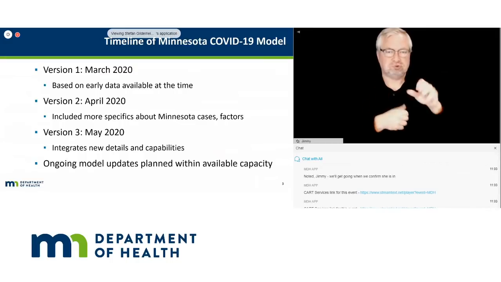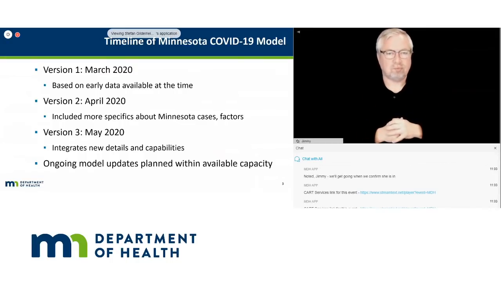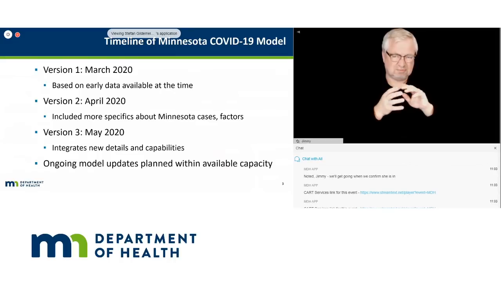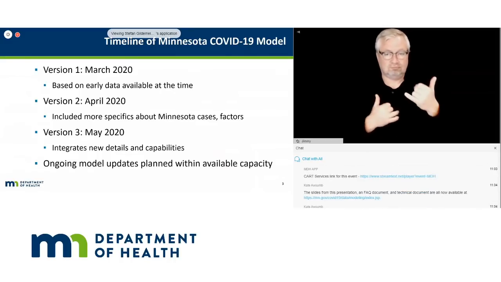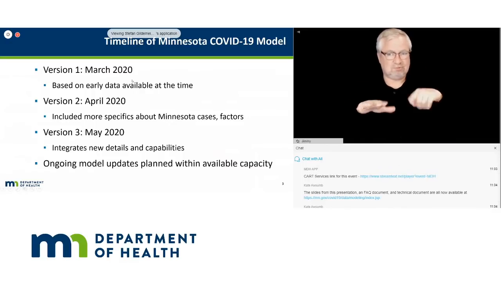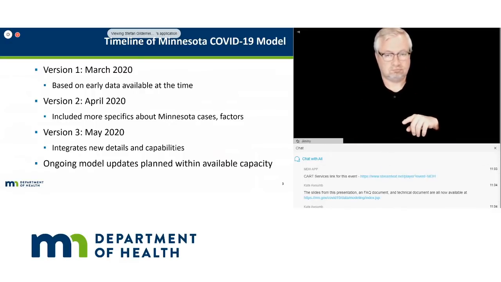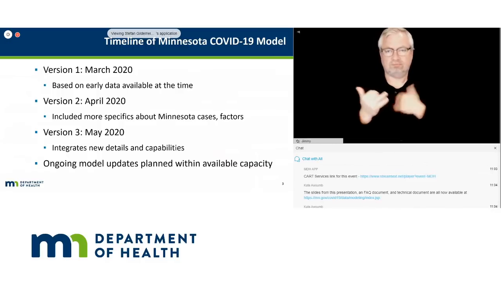But so where are we with modeling COVID-19 in Minnesota? We had in early March an early model that used available data from the epidemic in the literature. It was not a simple model, but it was, compared to today, a simpler, less complex structured model.